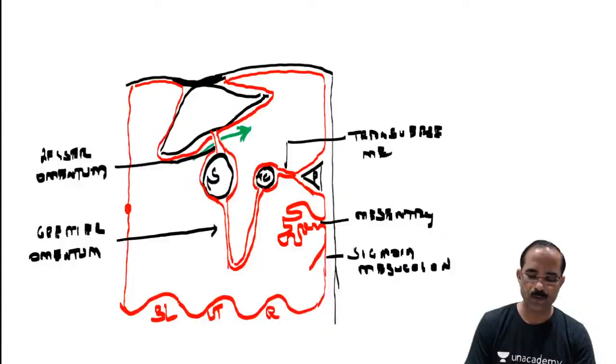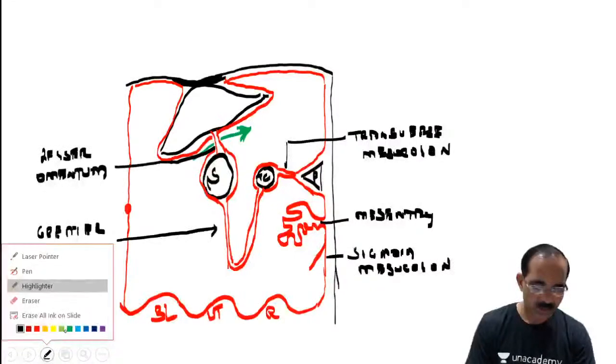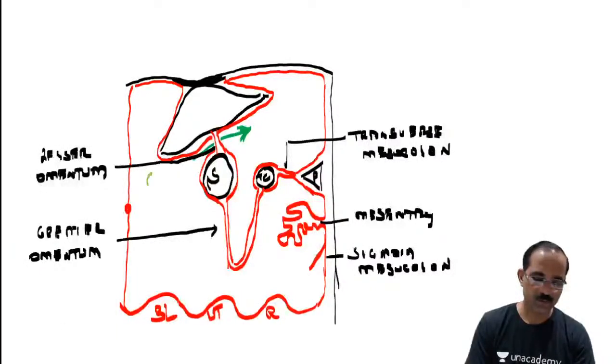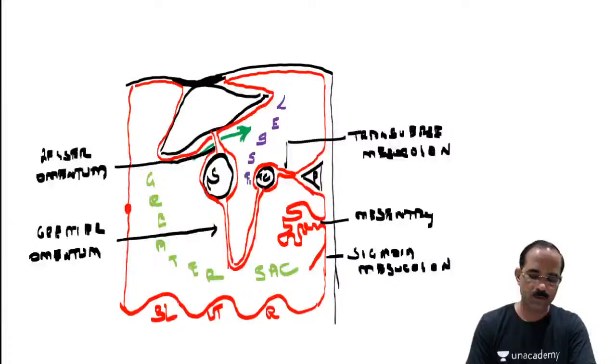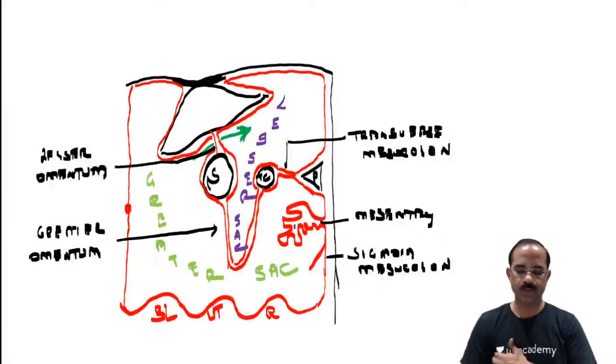A transverse mesocolon, right? That's the transverse mesocolon. That's the greater sac. Very good. And that's the lesser sac. Greater sac and lesser sac.